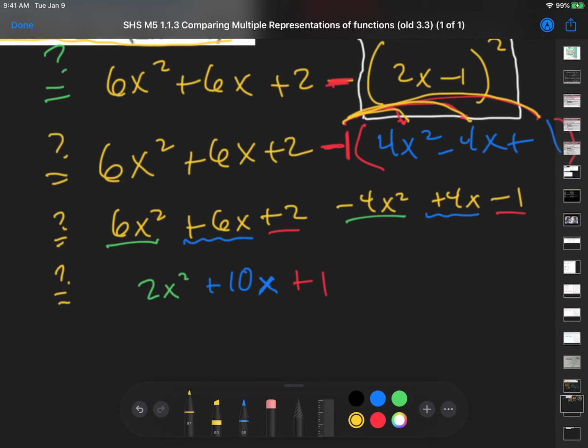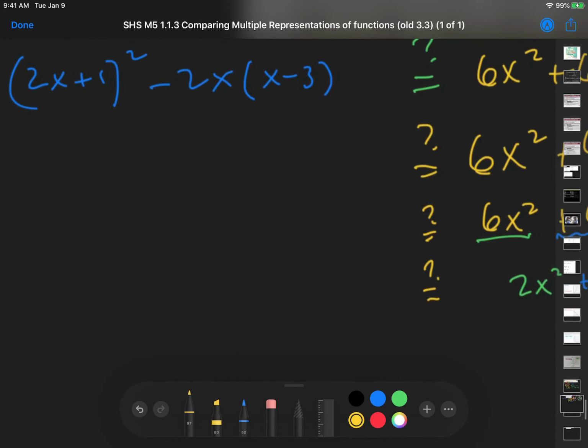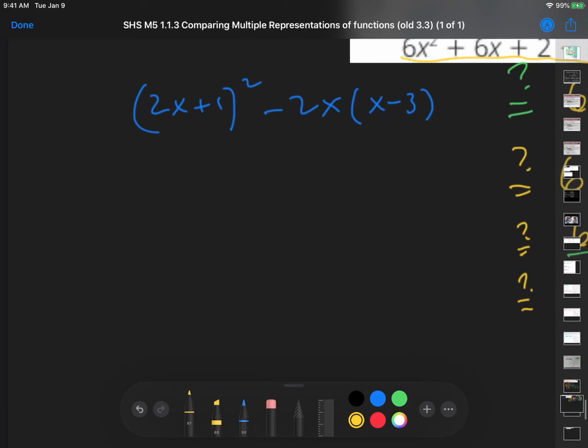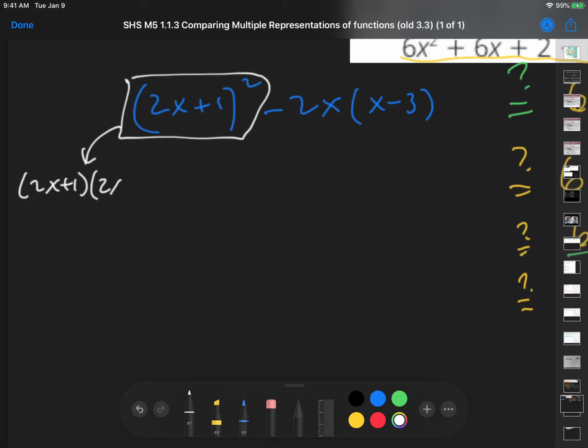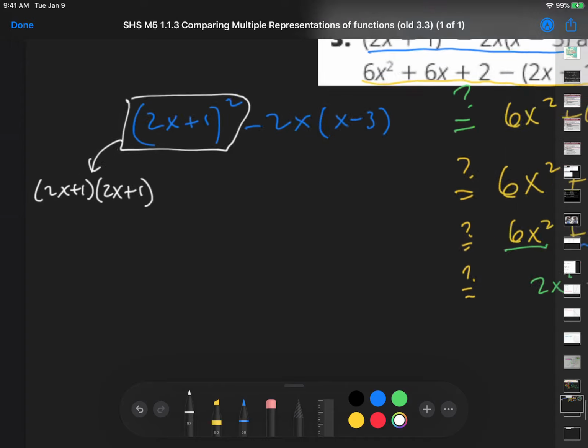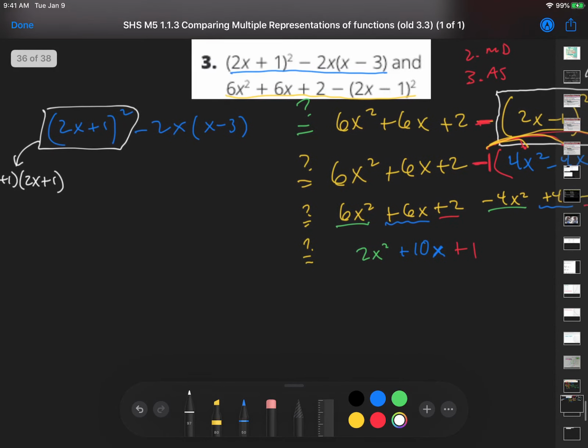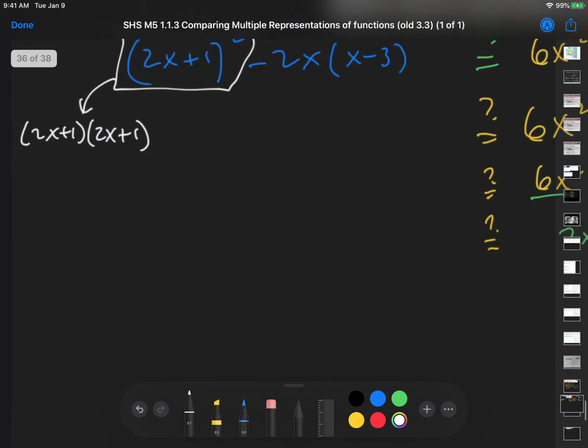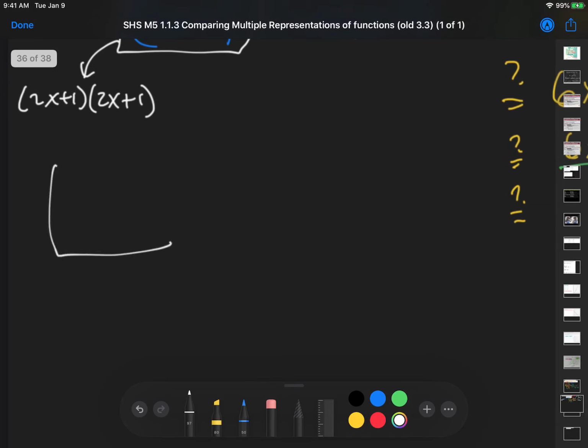Okay. Let's go to this left side now. We're going to do the same thing. This one here represents two of them. Oh, it's not. Is it the same? No, it's not. I was hoping it would be the same, but it's not. So let's put them in here. 2x plus 1, 2x plus 1.